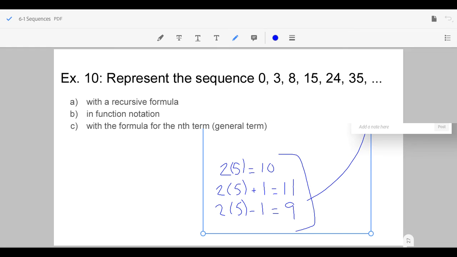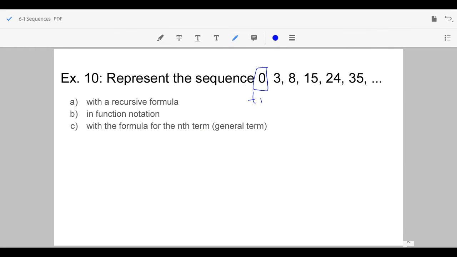So this is just examples of what I was talking about up here. So for this one, we're starting with this. So this is term 1. Recursive means you have to rely on the previous term and add, subtract, multiply, divide something in order to get the next term. And we've talked about how we're adding odd numbers here. So 3, 5, 7, and so on.